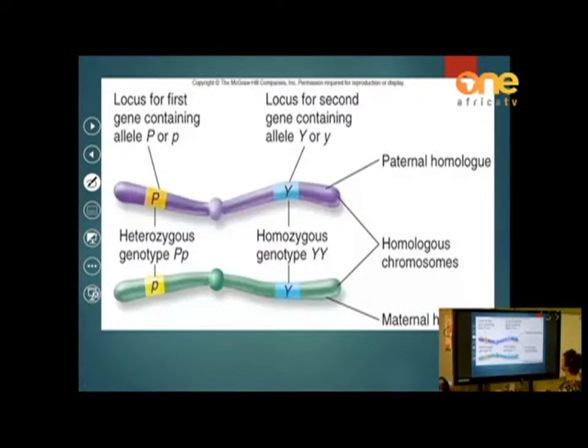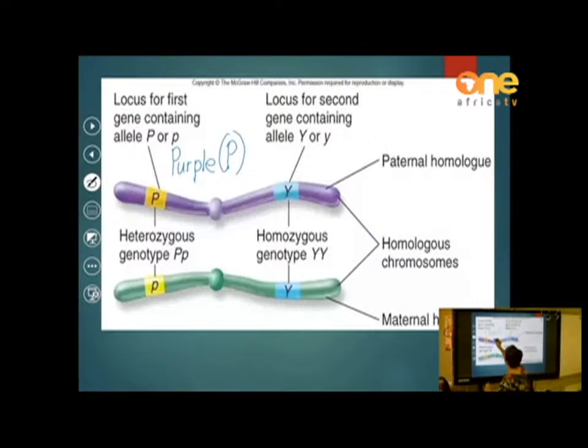So, if I take the gene for purple flowers, you remember we had a gene for purple flowers. Now we use a capital P to indicate the gene for purple flowers. Why capital?